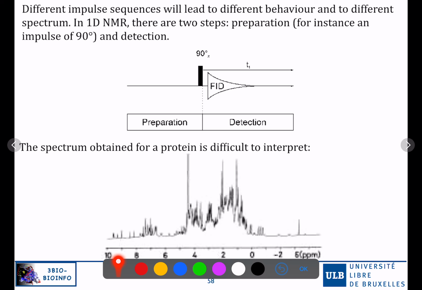So here you have an example of a spectrum for a small organic molecule, but for a protein it's even more complex. So exploiting directly 1D NMR for the 3D structure of proteins is not so easy.